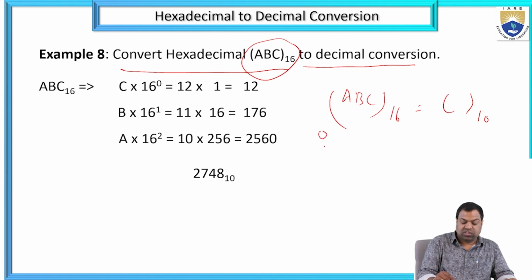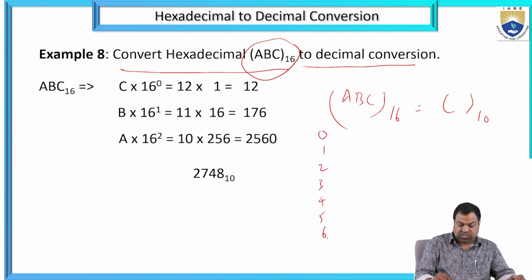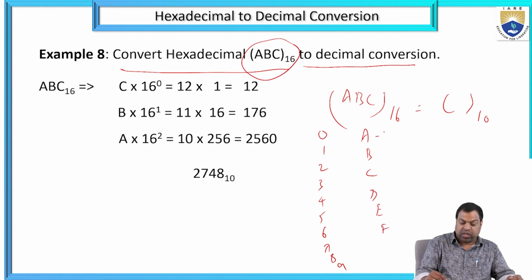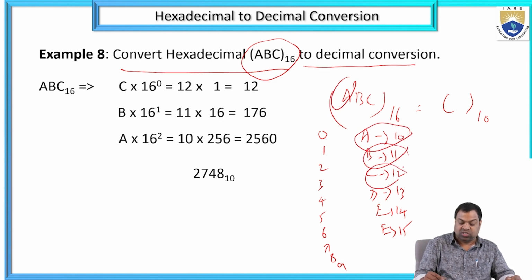Because we already know 0, 1, 2, 3, 4, 5, 6, 7, 8, 9. After 9 we take A, B, C, D, E, F. Here A means 10, B means 11, C means 12, and F equals 15.